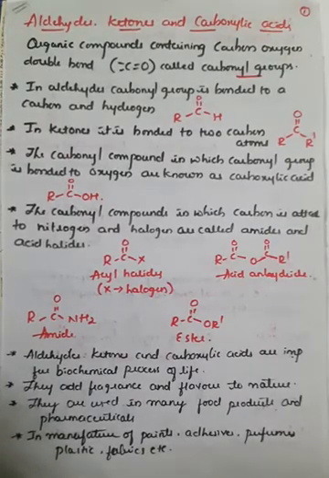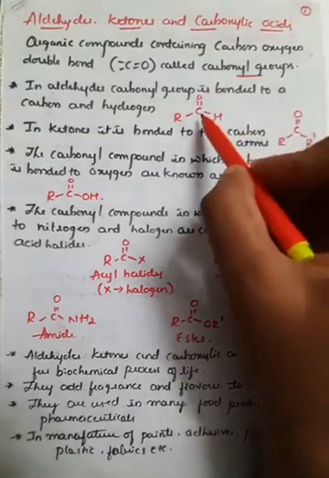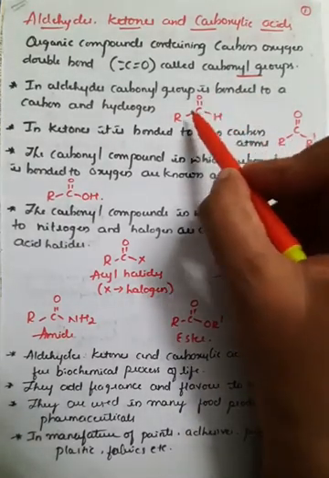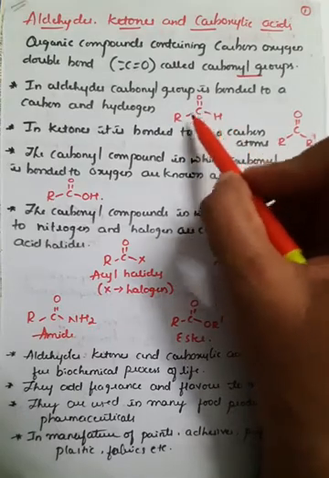So if you take the aldehyde group specifically, in aldehydes the carbonyl group is bonded to carbon and hydrogen, which means the carbon is already double bonded with oxygen on one side, and carbon has a maximum valency of 4. So if you observe, carbon has 4 bonds.